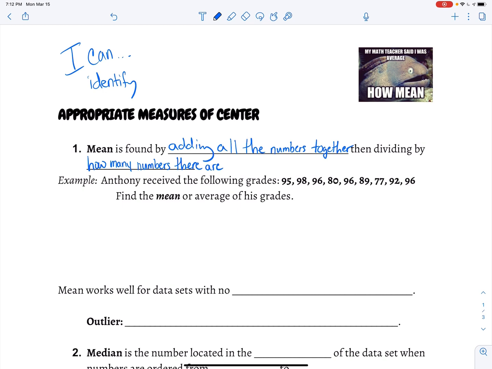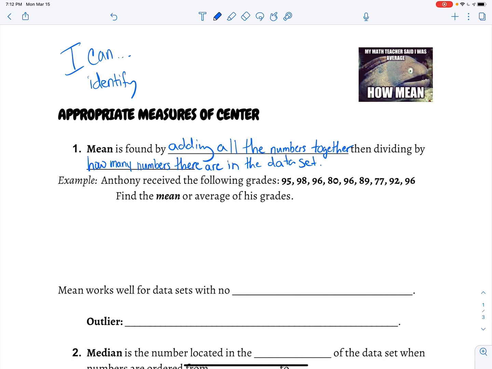You could say that there are in the data set. That would be fine. So as we keep going along through here, if you still need more time to write, then definitely just pause that video and take that time to write what we're filling in here.